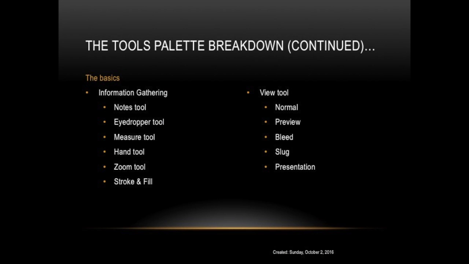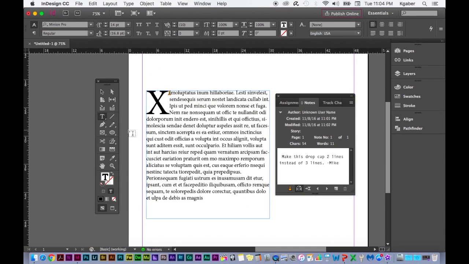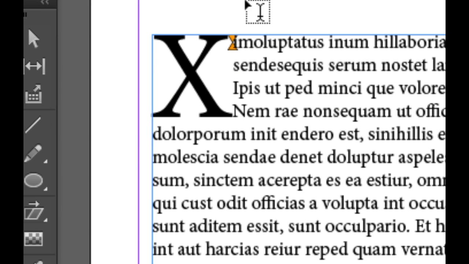Let's talk about the note tool and other tools. The note tool allows you to place a little orange triangle looking cursor.